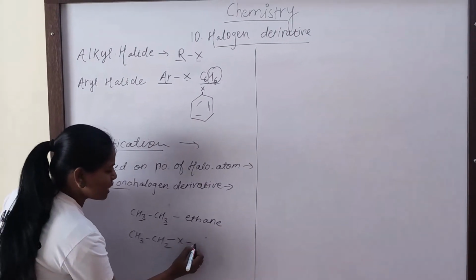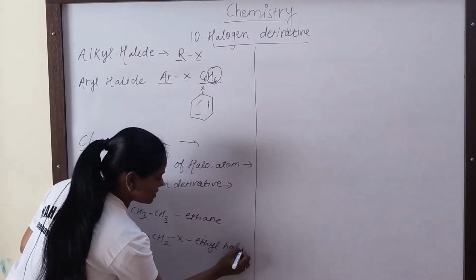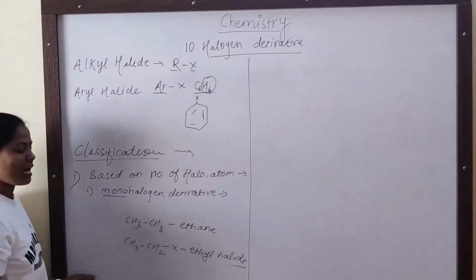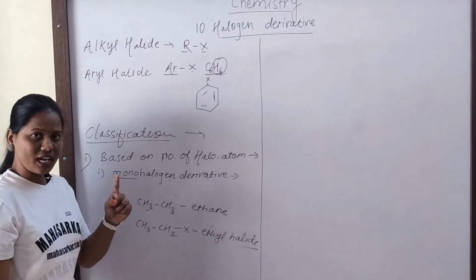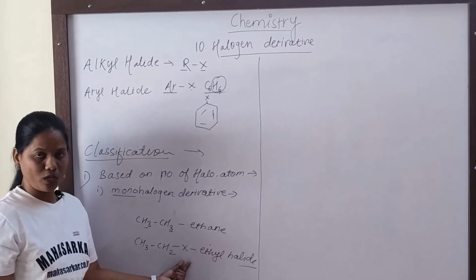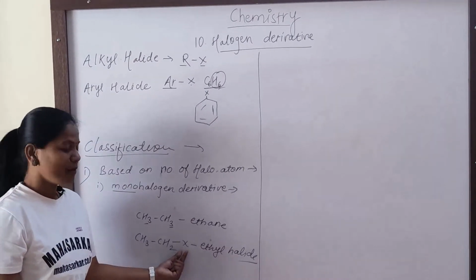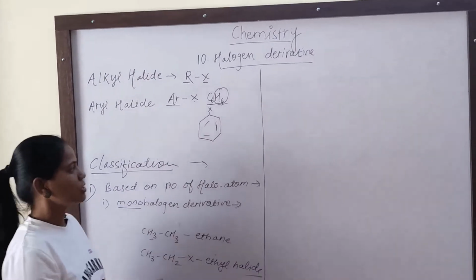So that is known as the ethyl halide. In the common name system, it is represented as ethyl halide. So this is the monohalogen. Only one hydrogen atom is replaced by one halogen atom, that is known as the monohalogen derivative.